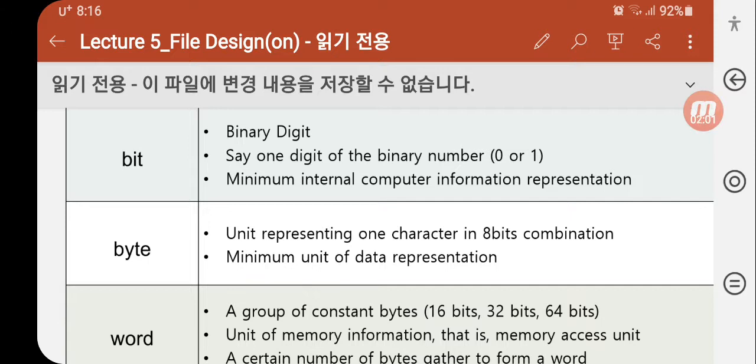Example, 2 bits display one of 4 types: 00, 01, 10, 11. 3 bits, 3 digits, one of 8 types, from 000 to 111. How many bits do you need to represent 1024 different pieces of information? Correct answer is 10 bits.